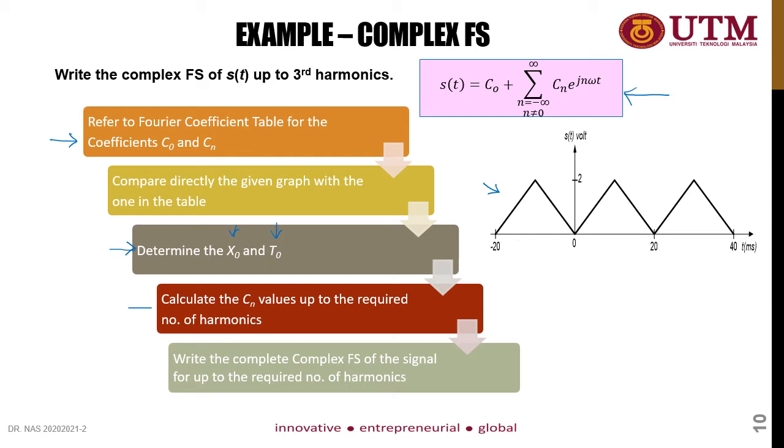Next, you need to calculate the Cn values based on the number of harmonics required, both the positive n and negative n values. Lastly, you can write down the complete complex exponential Fourier series up to the number of harmonics required.